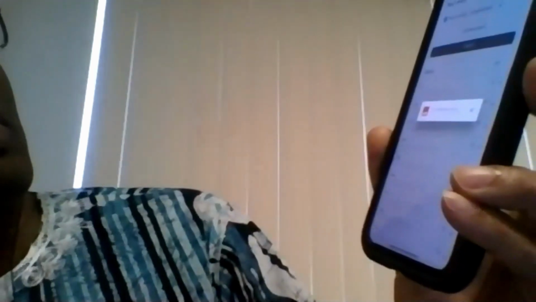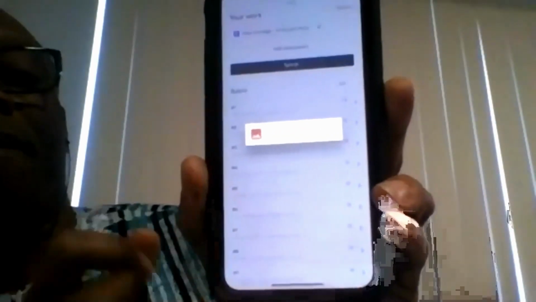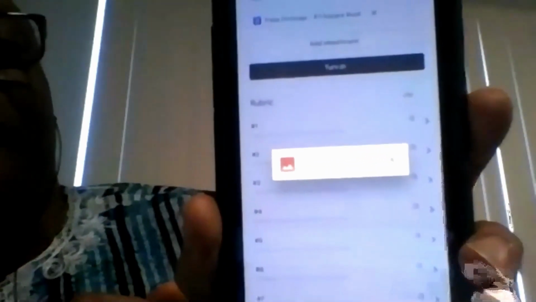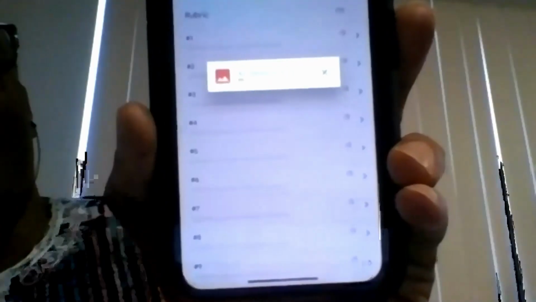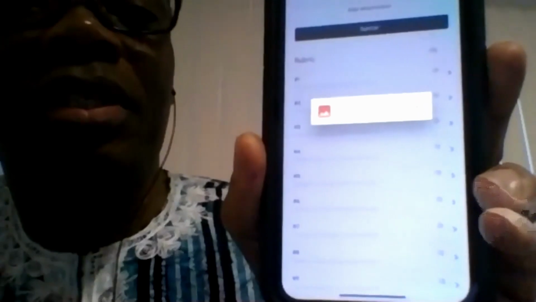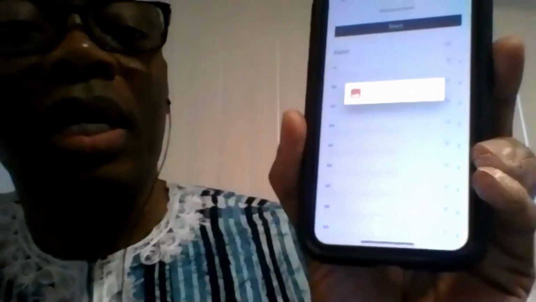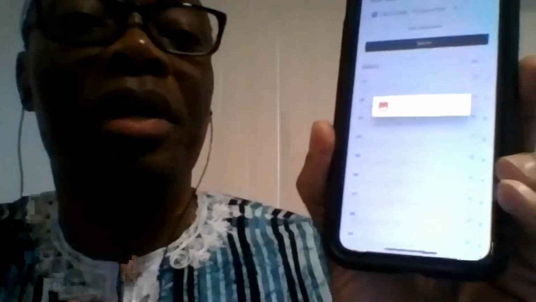After you take the picture, I need to submit it, so I'm going to say use photo. You see it's attaching. You wait a little bit. It's taking forever. But after it's attached, you press turn in or submit. In that case, the teacher will see it and grade it.